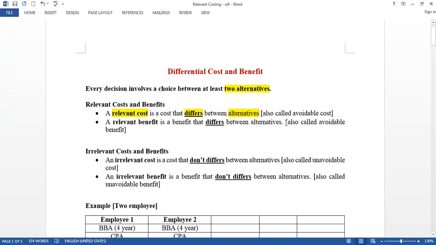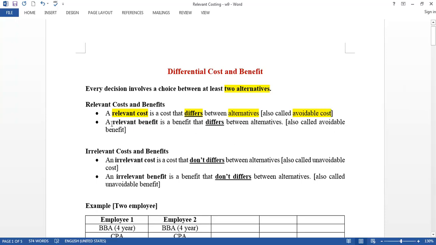And another keyword of relevant cost is called avoidable cost. So when you read the question, you have to find out this kind of keywords. Relevant cost means we have two alternatives, and two alternatives have different cost, and avoidable cost is also the same. There is a difference between cost of two alternatives.